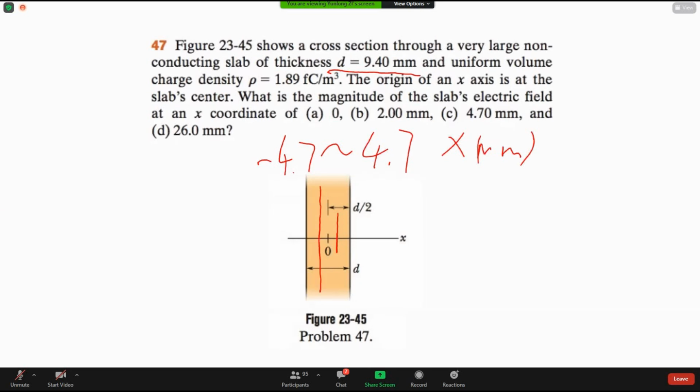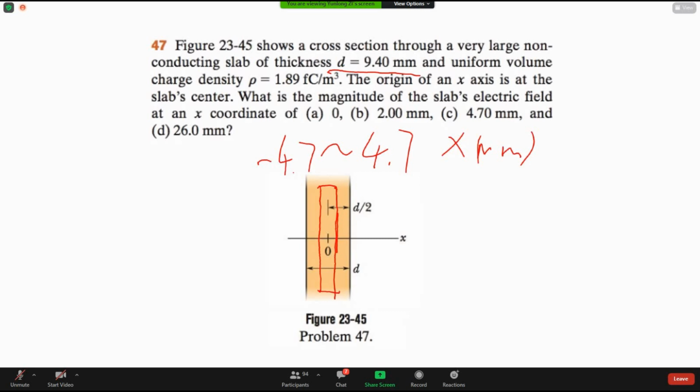So this is the Gaussian surface, and we don't need to care about what is on the top and bottom because it is symmetric, so the electric field is parallel, and we only talk about the two vertical surfaces.